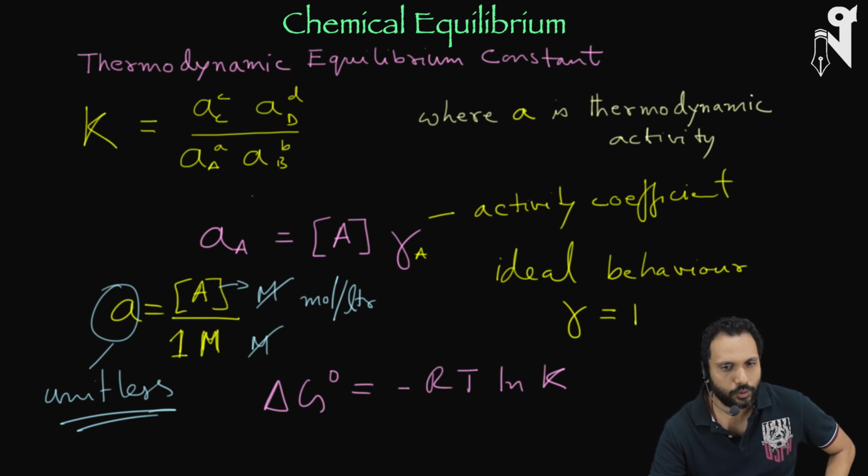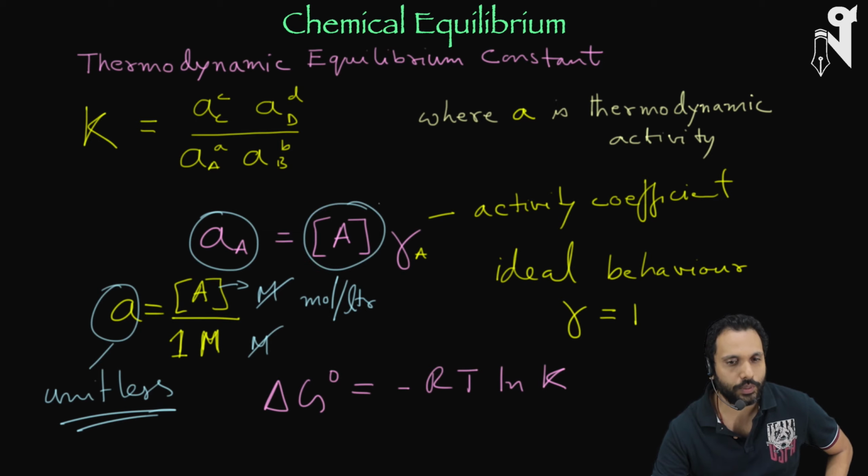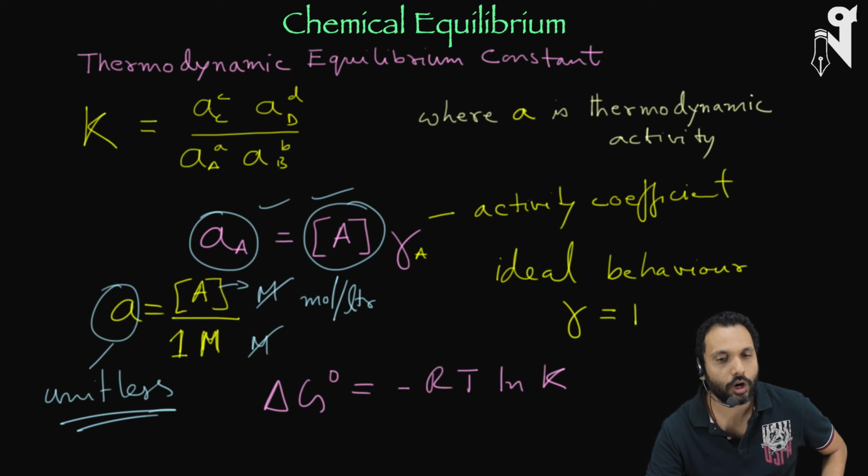And for all the equations we would be doing, since activity is not in course, we have to take the activity of A and the concentration to be the same. So eventually we are just plugging in the concentration but not with the units. That is what you have to understand.